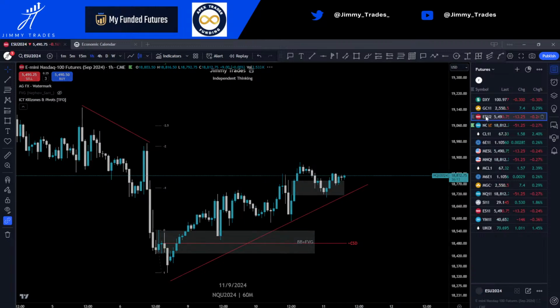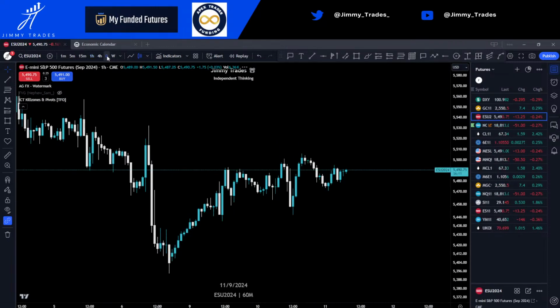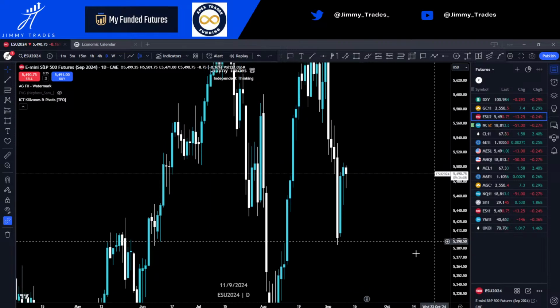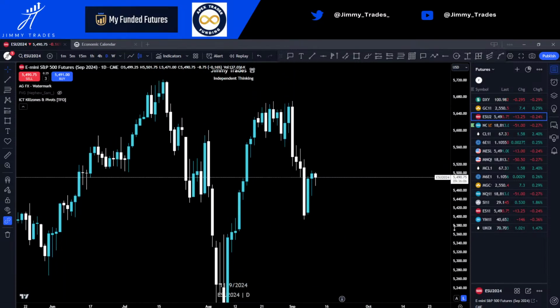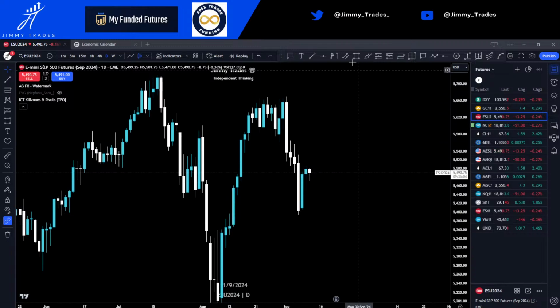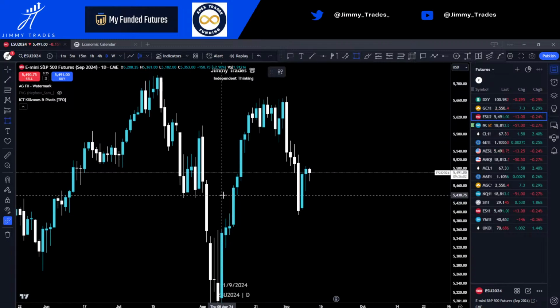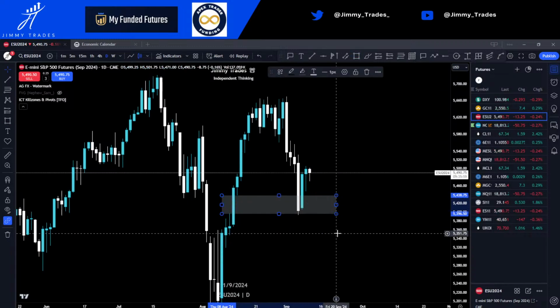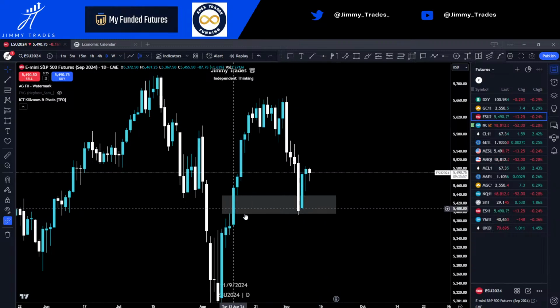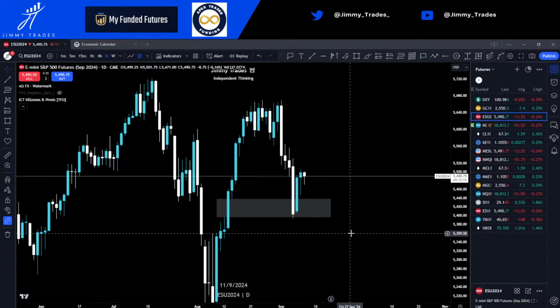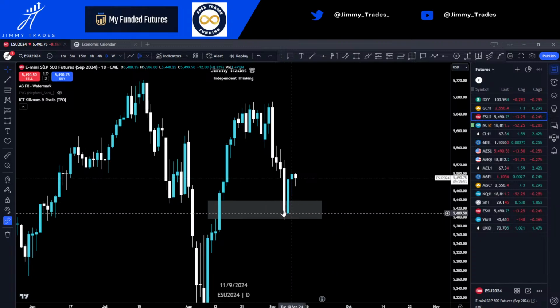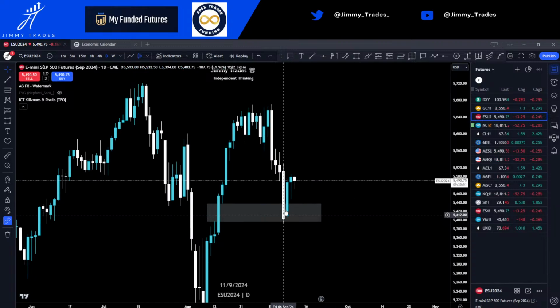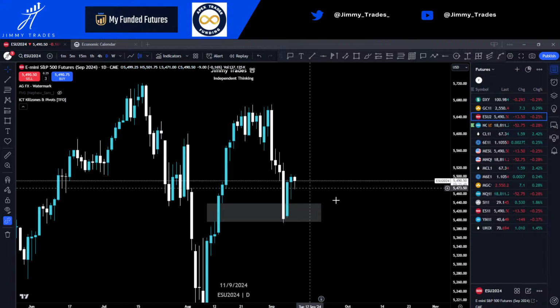Okay. Let's have a look at ES. So ES came down into this bullish FVG on the daily and found support here and has managed to react and push higher.